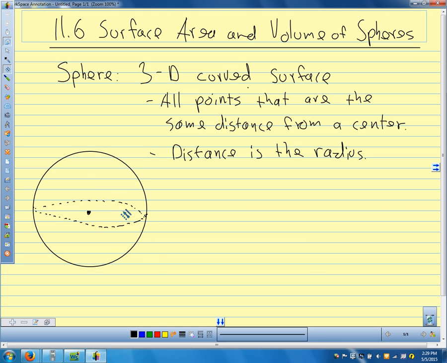And then this distance from here to here would be the radius.